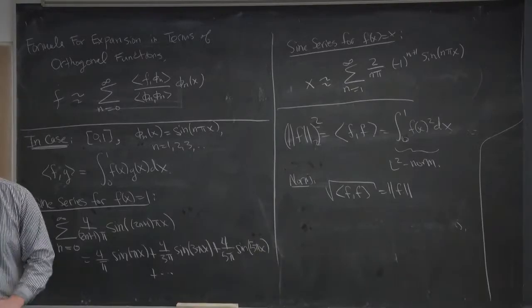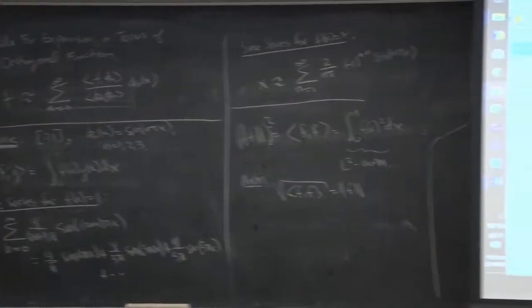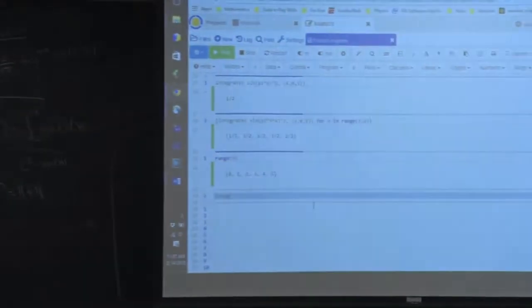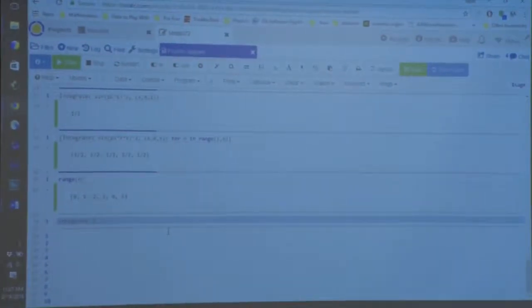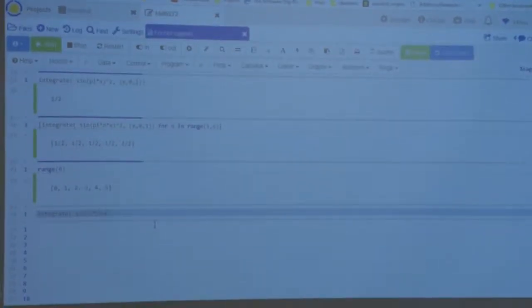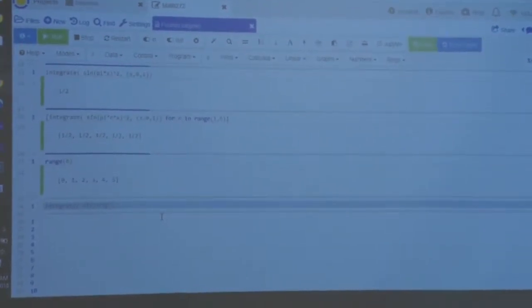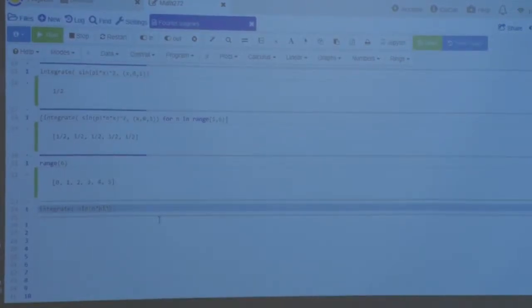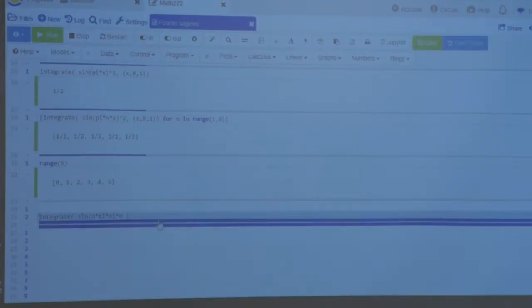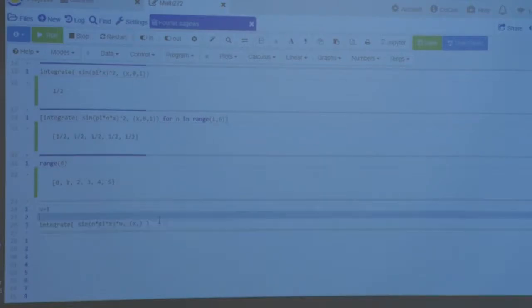So we're taking a function and integrating sine n pi x times x times u, where u is this constant function 1, and for one example, n is equal to 1, with x from 0 to 1.